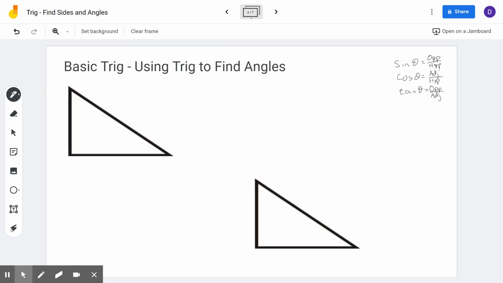Now, let's do these problems. I'm going to give you a couple, and I want you to do them. Again, right triangles, okay? Here we're going to solve for this theta. Here we're going to solve for this theta. In this triangle, 7, 24, 25, and you can do it either way you want to.